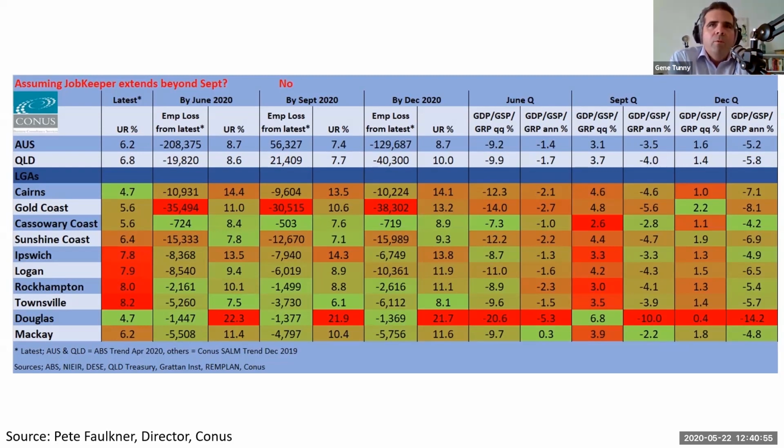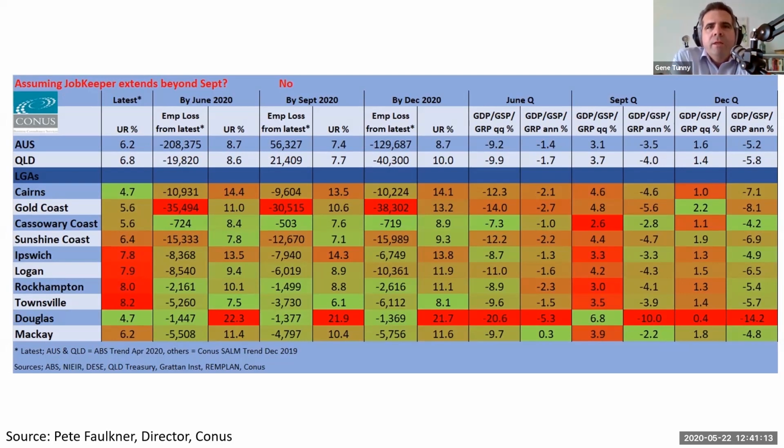But what we're seeing is that a lot of these businesses in the regions and in North Queensland, Cairns, Port Douglas and Gold Coast, they're almost at breaking point. Many businesses will have shut down and won't be opening up again.